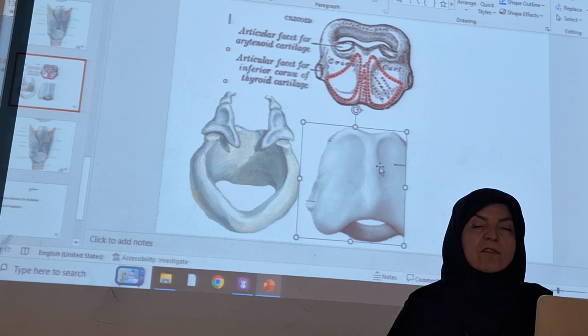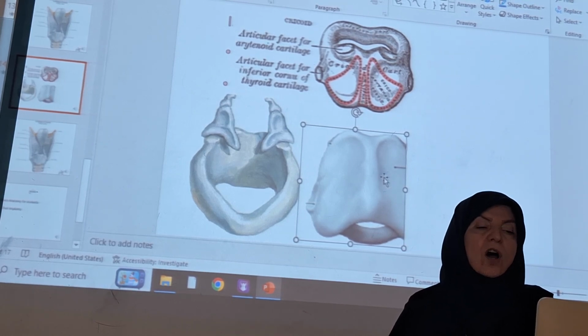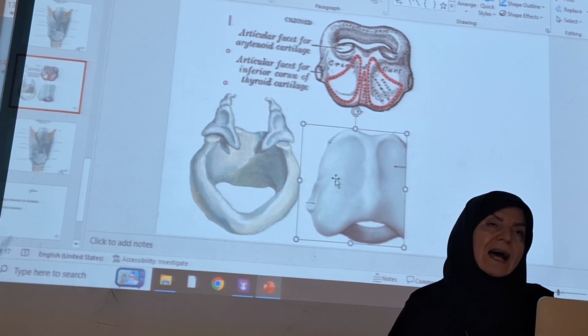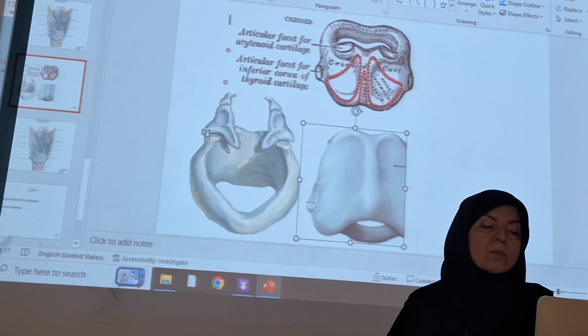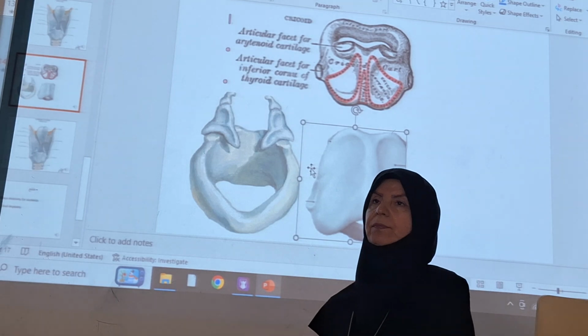To which surface of the lamina? Posterior surface. This muscle attaches here as its origin, and the insertion attaches to the muscular process of the arytenoid cartilage.